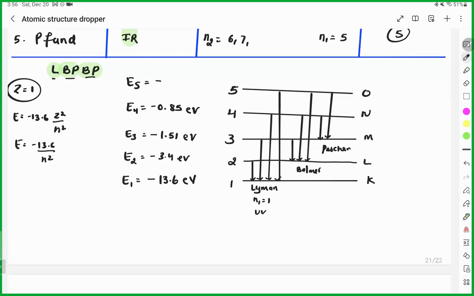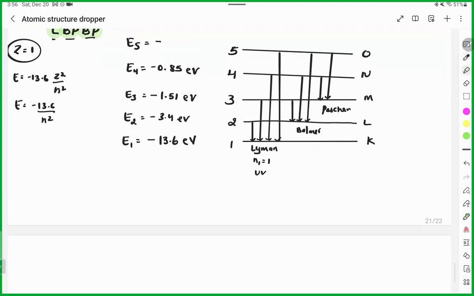So I'm a little confused. Like, can you explain once more? Yesterday we did this thing, energy of any orbit will be minus 13.6 Z square by n square. We are calculating all these things for hydrogen. That's why Z value is 1. Now we are changing n value and calculating energy. Example, here E1 means n value is 1.